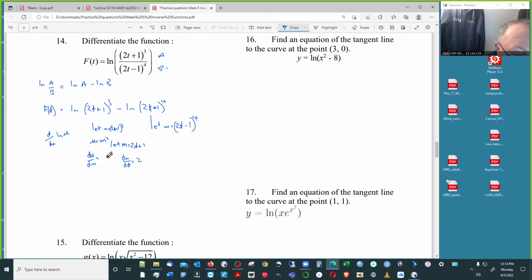So that's 2, that's 2m, and we put all the chains together, we'll get 4m, which is 2t plus 1, the ln of u, which is 2t plus 1 squared. And I'll let you finish that one off.